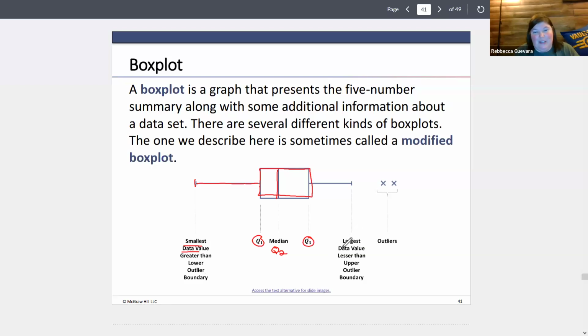And this right here is a value that is less than the upper outlier boundary. So it is basically a data point that fits within those boundaries. It's the last one on both ends. Then if we have any outliers, we put little X's by them to represent them.